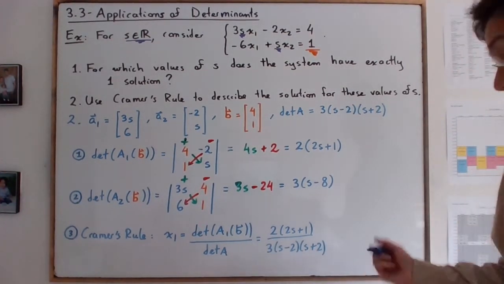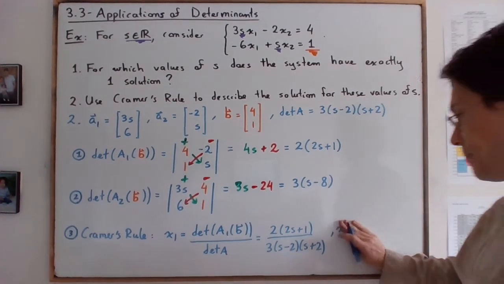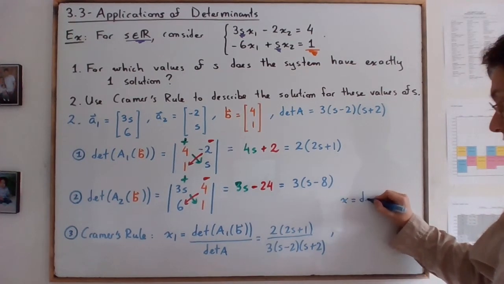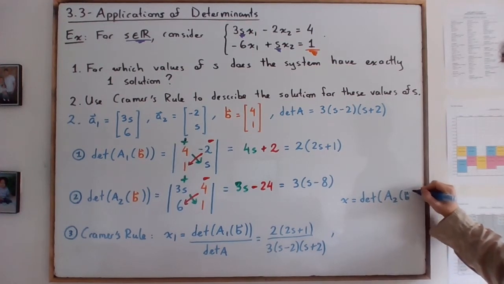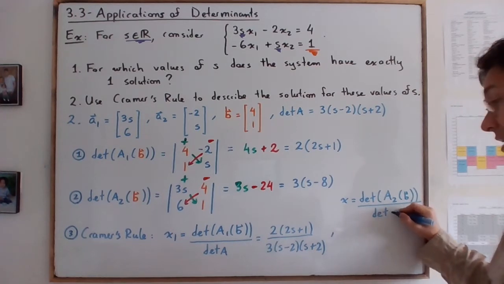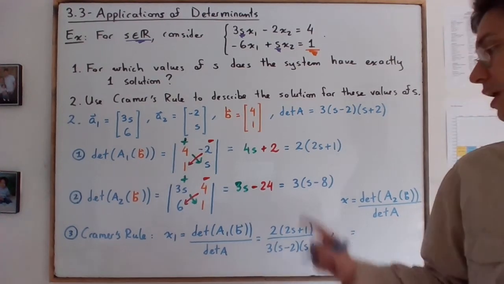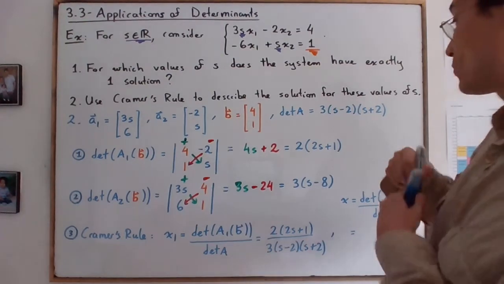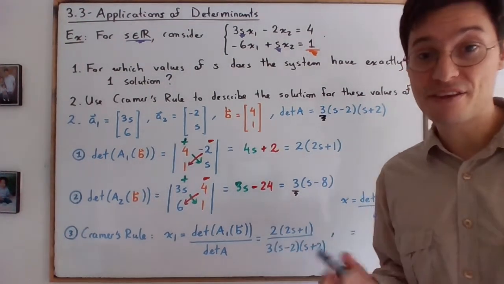Obviously, x2, and I'm going to write it over here, I'll have to work a little more vertically. It's the determinant of A2b divided by the determinant of A. Notice that there's a factor of 3 that will cancel, so let's not write it in the final answer.